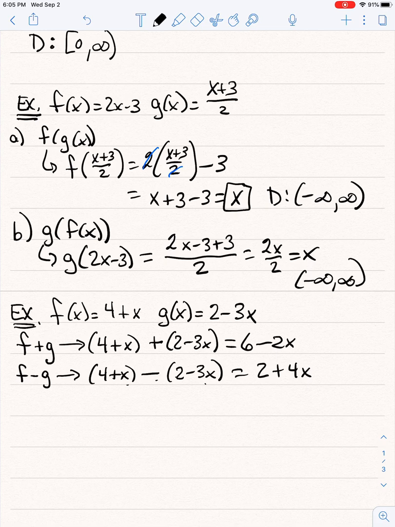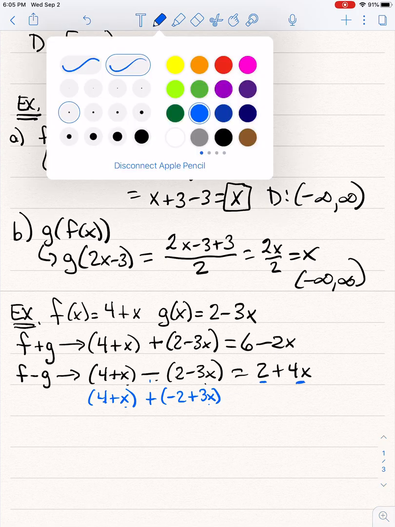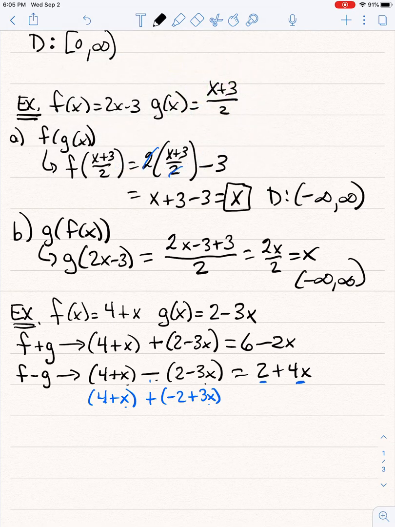It might be helpful to show it in the middle as changing to a plus, so it's negative 2 plus 3x. So 4 and negative 2 is in fact 2, x plus 3x makes 4x, and that's what we had for the answer. Isn't that just so cool?